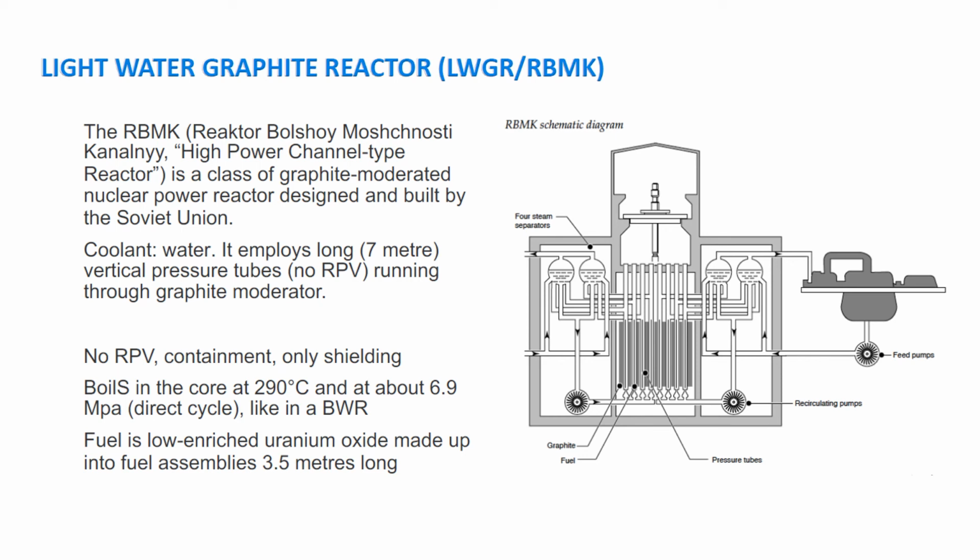So it's really known as your RBMK in Russia. The coolant is water. It employs long vertical pressure tubes running through your graphite moderator. No RPV containment and only shielding. Fuel is low enriched uranium oxide made into fuel assemblies, 3.5 meters long.